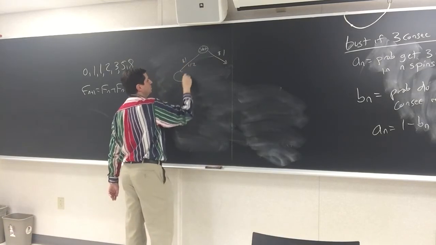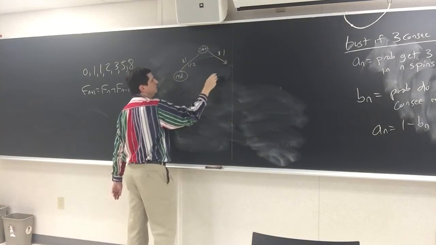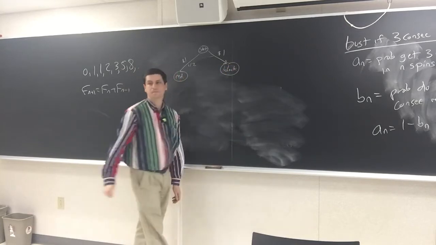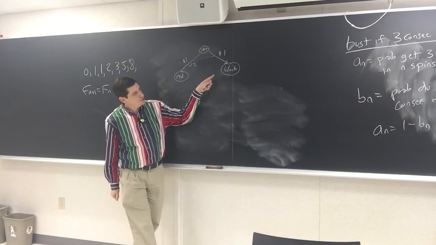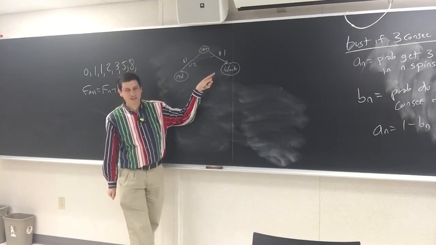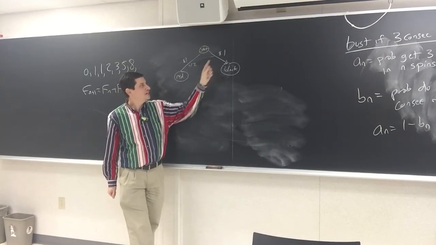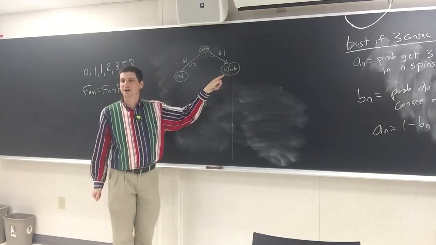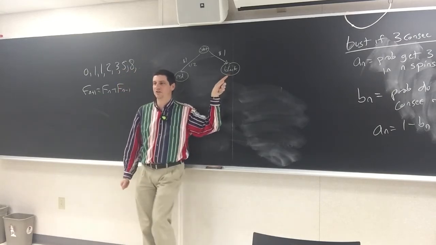Half the time we get a red, half the time we get a black. What is the probability we do not have 3 consecutive reds in n spins, given that the first spin is black? So this is the hardest part of the analysis. If we get this right, the rest is downhill.